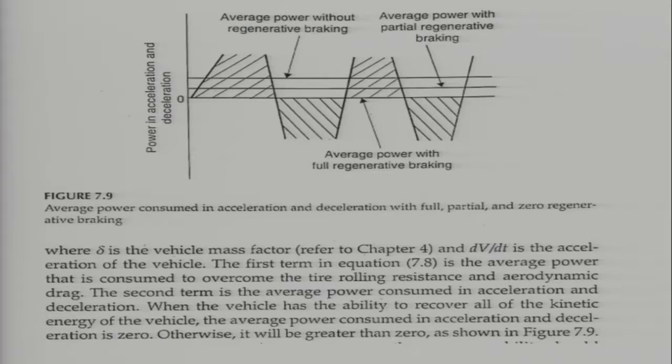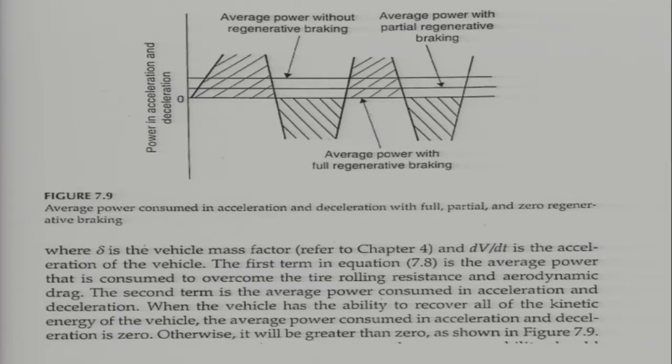So here you can see this is average power consumed in acceleration and deceleration with full, partial and 0 regenerative braking. On the x-axis we have the time axis, the y-axis is power in acceleration and deceleration. With respect to time, suppose we are running over this particular characteristic.